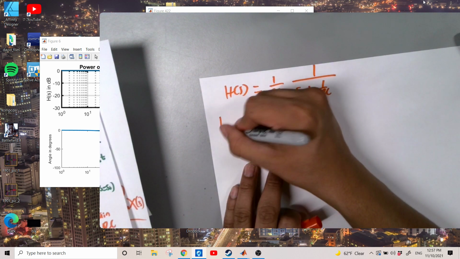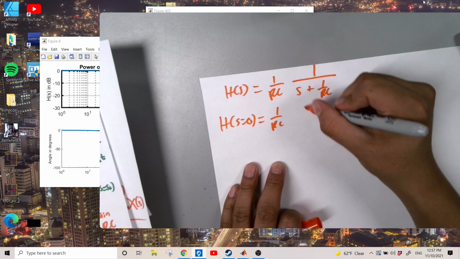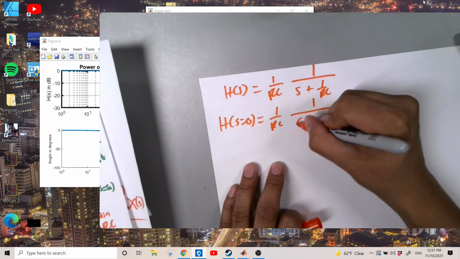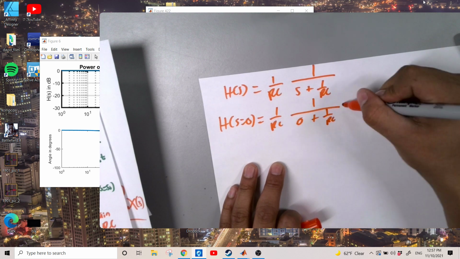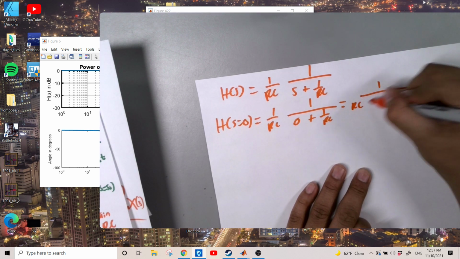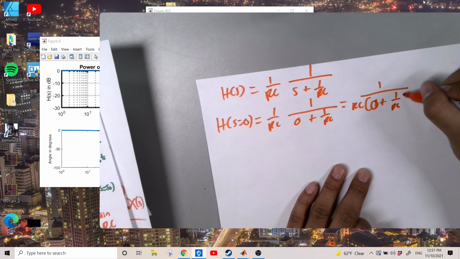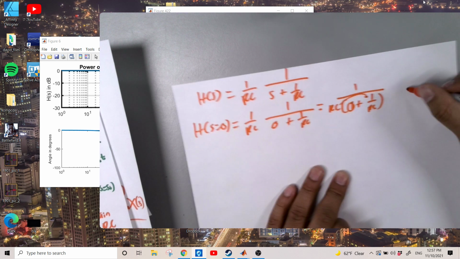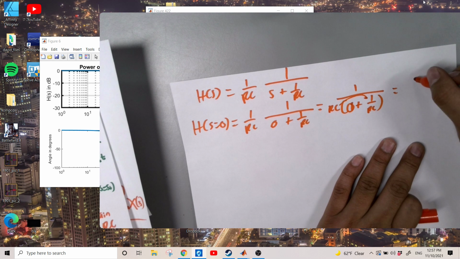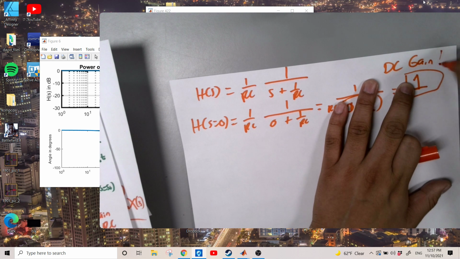So all you're going to do is H of s equal to 0 is equal to 1 over RC, over 0 plus 1 over RC, which is equal to 1. Then you can see how this goes into here to give you 1, the DC gain. Make sense?